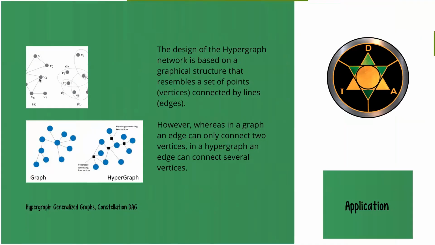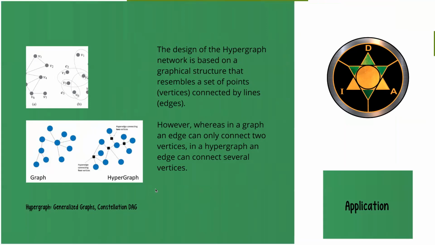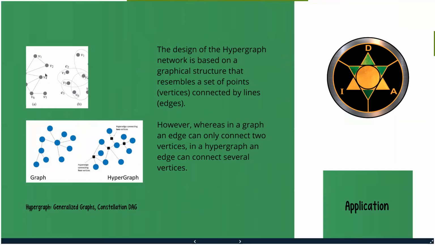So lastly, we have hypergraphs. As I said, they are the generalization of the concept of graphs. And hypergraphs are different in the sense that, if you look at this top image up here, or the bottom one, you should pick your one.